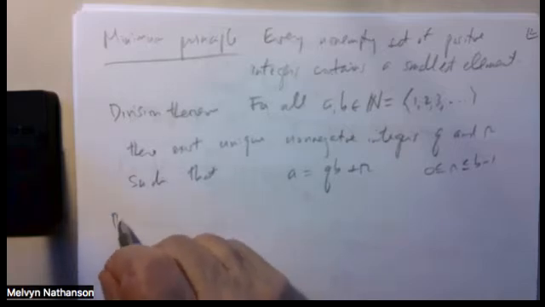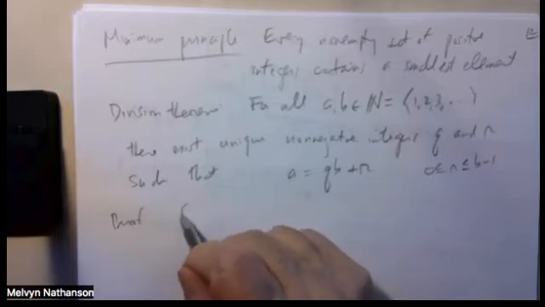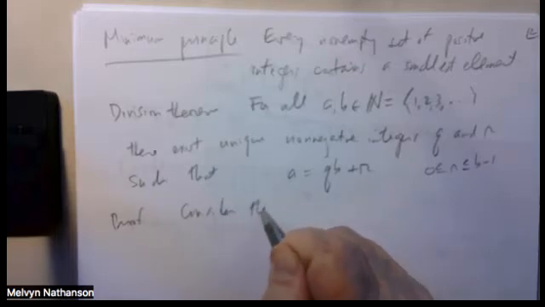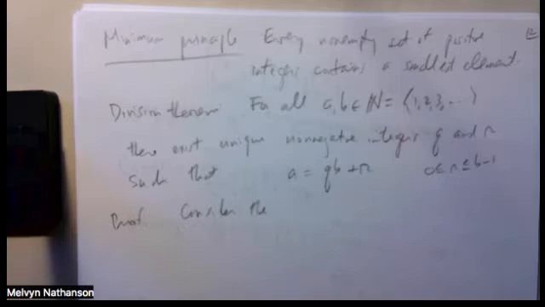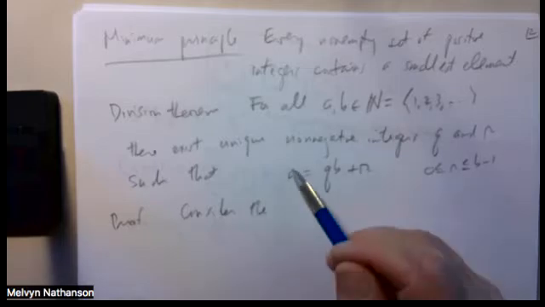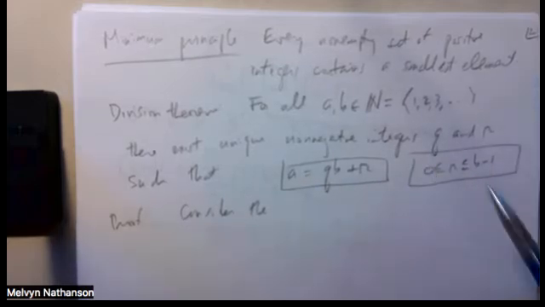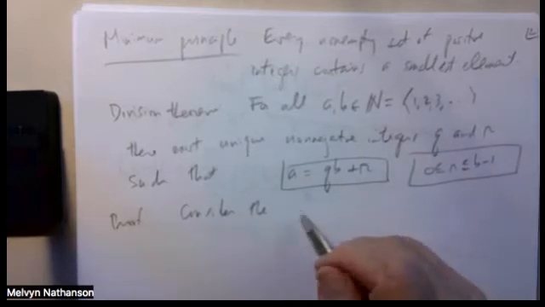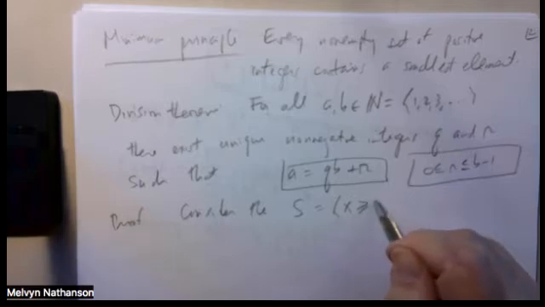And the proof is, so first I'm going to prove that there always exist some q and r that satisfy these two conditions. So consider the set S, which is all non-negative integers x such that x is equal to a minus k times b, where k runs through the set of non-negative integers.